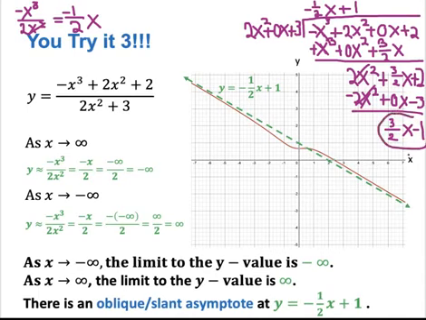And as I mentioned in the last example, when you're going towards positive or negative infinity, the remainder is not going to have much impact at all. So we don't even include it when we write the equation for the asymptote. So up here you see it, negative 1/2 x plus 1. That's our oblique asymptote. y equals negative 1/2 x plus 1.